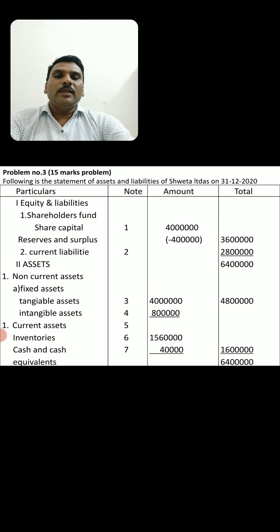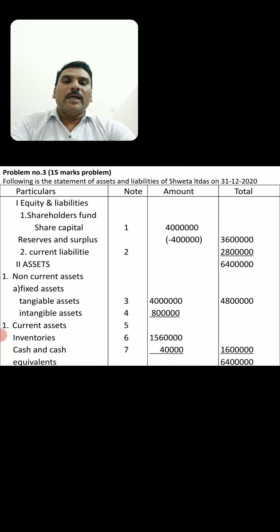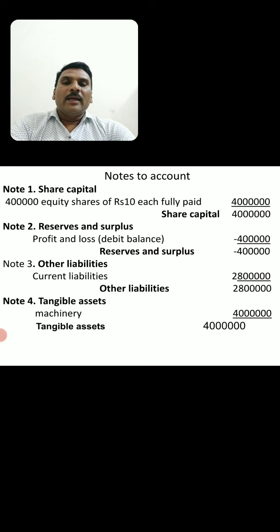So the equity share capital is 40 lakh, and the reserves and surplus has a debit balance of 4 lakh, and the total shareholders' fund is 36 lakh after writing off the reserves and surplus. Current liabilities as per note 2 is 28 lakh.